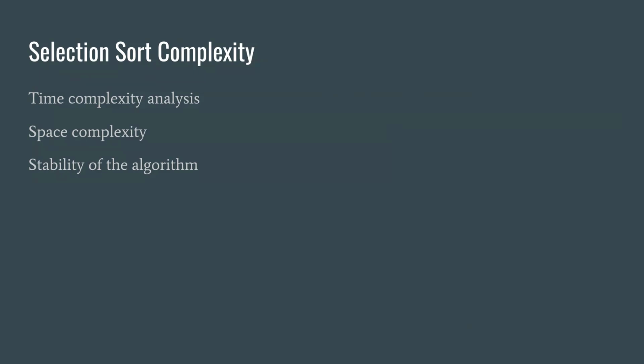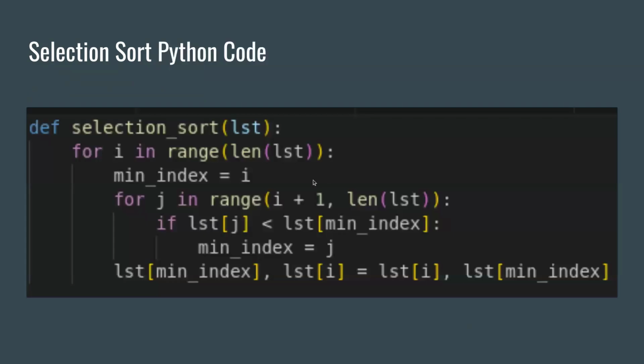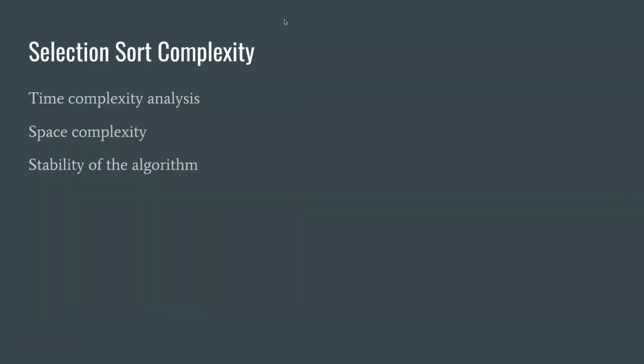We have the nested loop structure where n is the number of elements in the array. This means that for each element, the algorithm scans the remaining elements to find the minimum, leading to a quadratic number of comparisons.